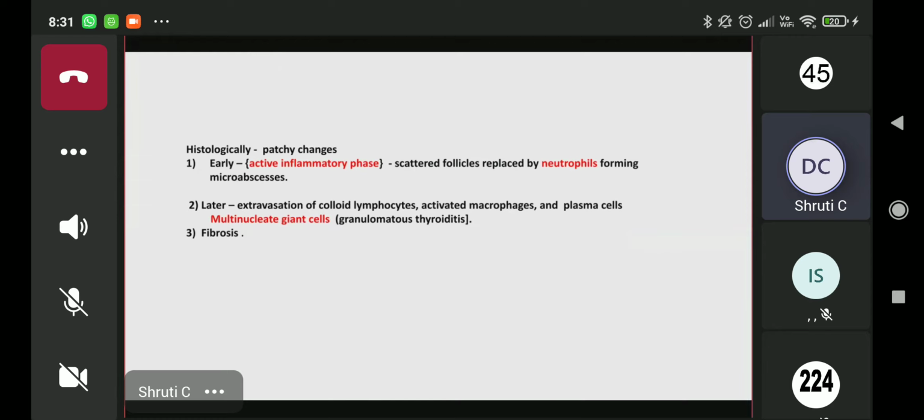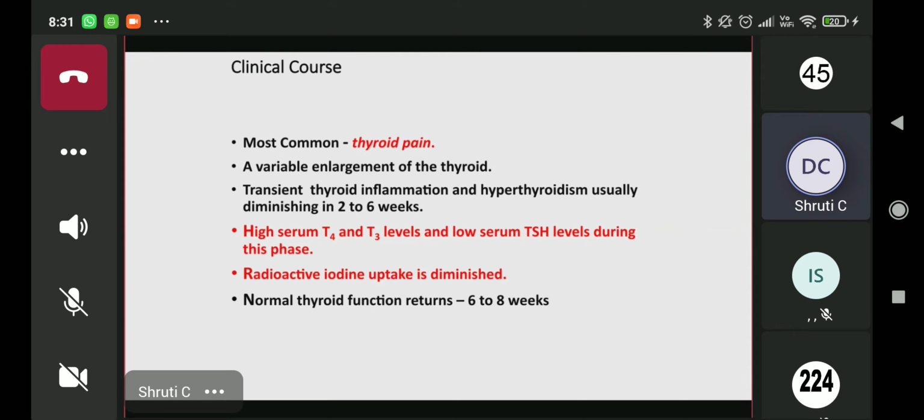Okay, and in this also there's an early phase where there will be micro abscesses comprising neutrophils, but later on lymphocytes will be there, macrophages, and multinucleated giant cells. You know the pathogenesis of a granuloma. Initially there will be neutrophils, but ultimately the multinucleated giant cells, lymphocytes and epithelioid cells come, and that is granulomatous thyroiditis. Okay, and most commonly there will be thyroid pain.